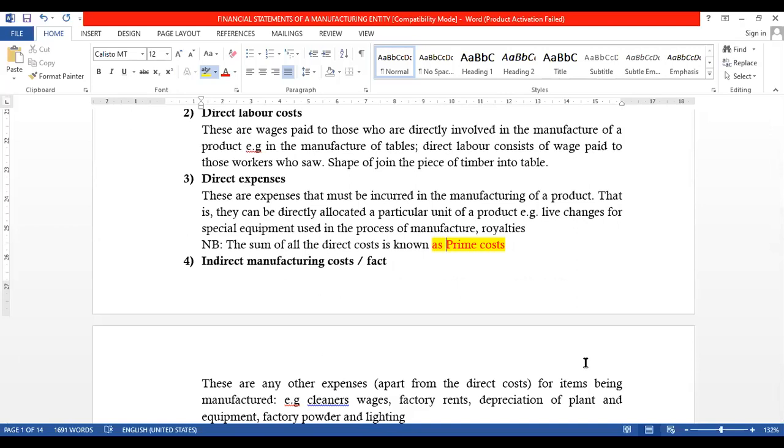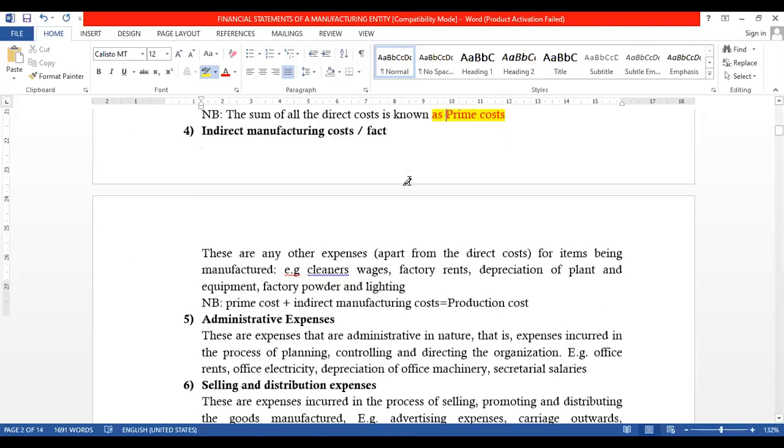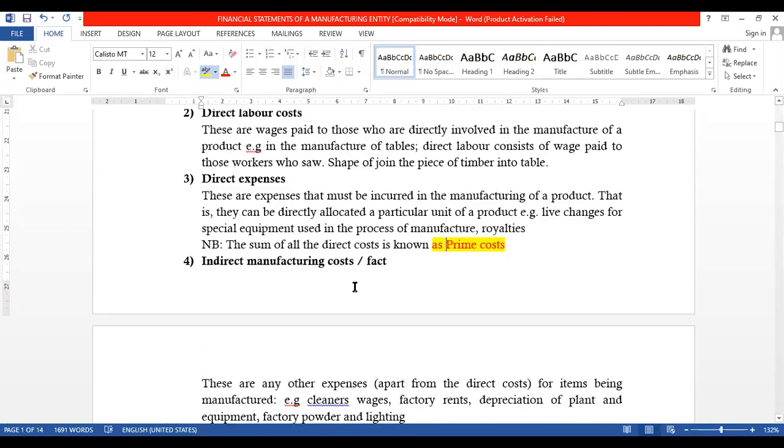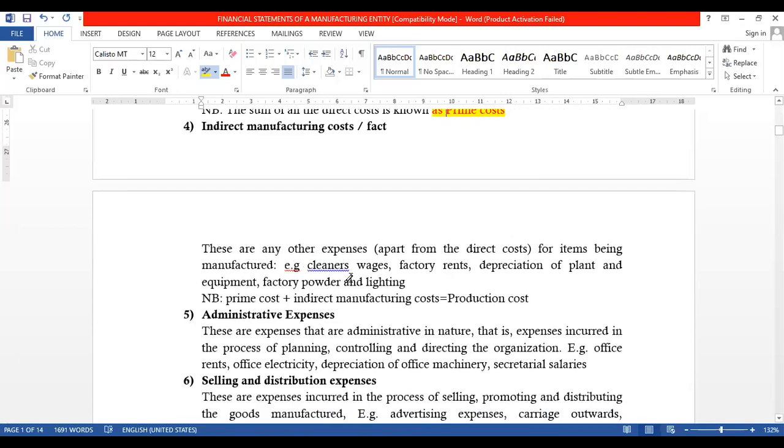Factory lighting, right? Such things can be classified as indirect manufacturing cost. From there, of course, we have what we call selling and administration expenses. And this will include the office rent, office electricity, depreciation of office machinery.